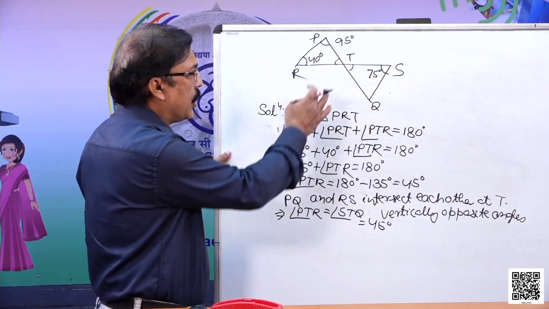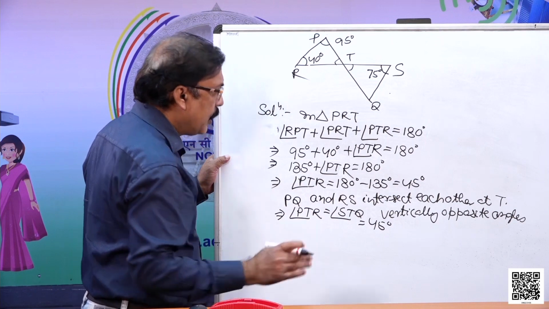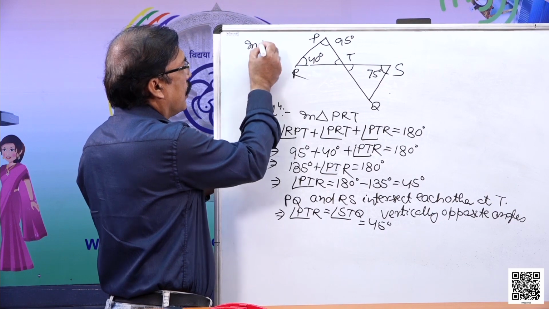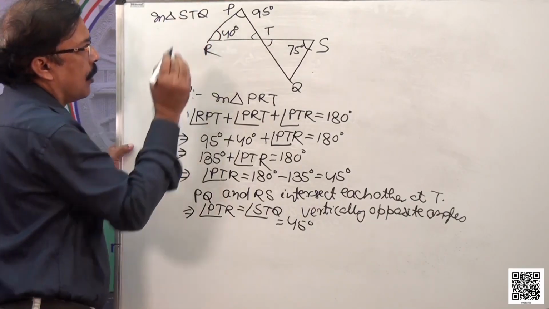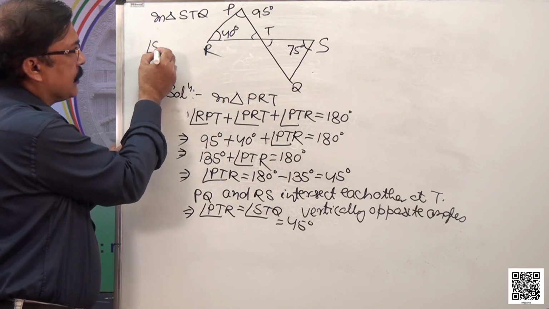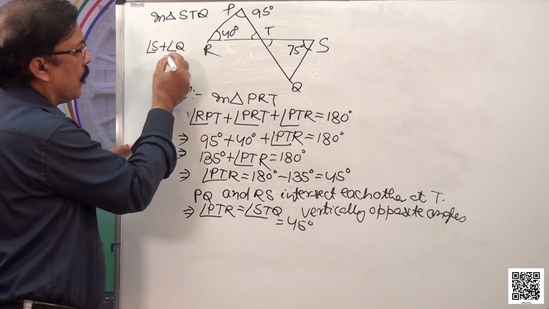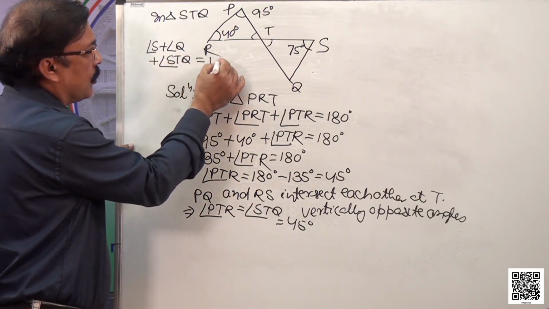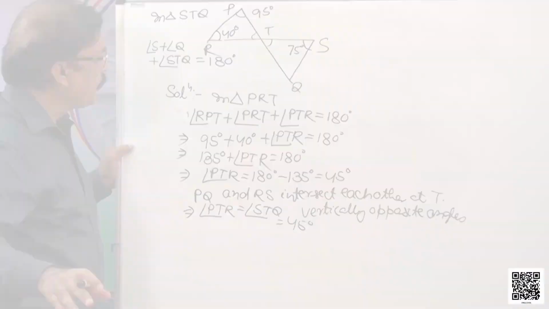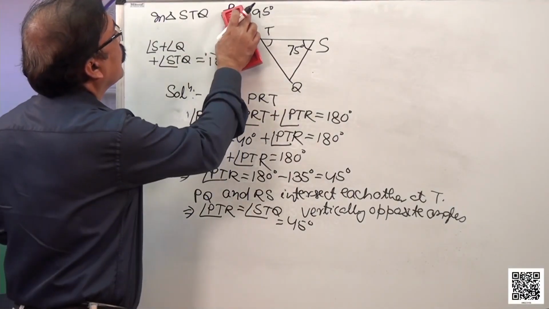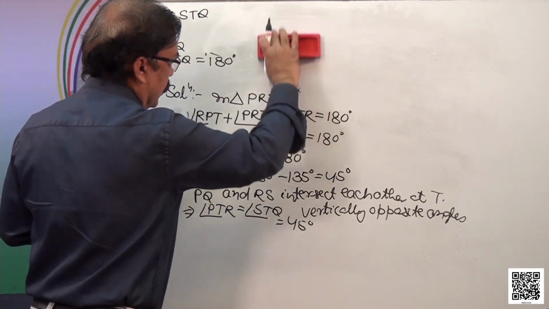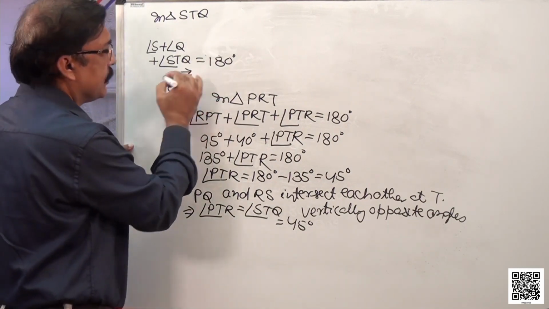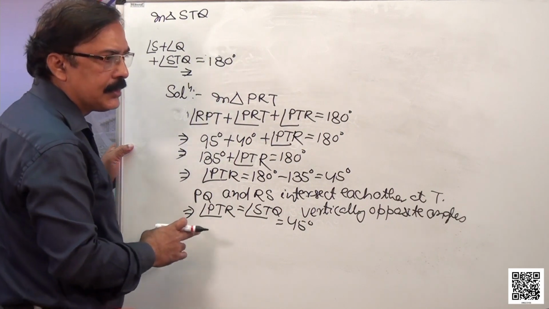Now come to triangle STQ. Now in triangle STQ we can write angle S plus angle Q plus angle STQ is equal to 180 degree. What is angle S?